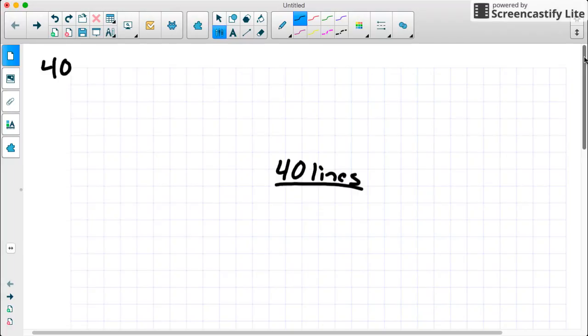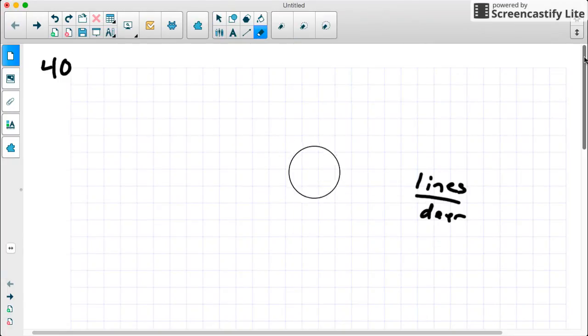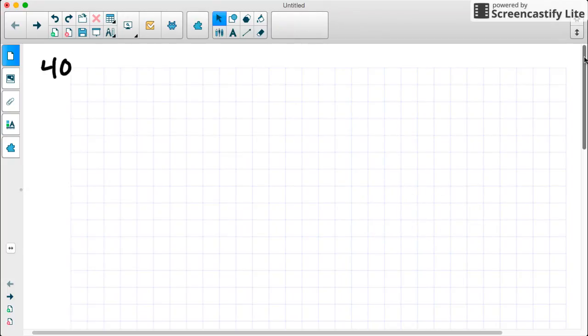Year 6 has 20 deer. So we have a total of 40 divided by 20. So 40 divided by 20 is 2. It's basically 2 lines per deer. So we're going to count every 2 lines is 1 deer.